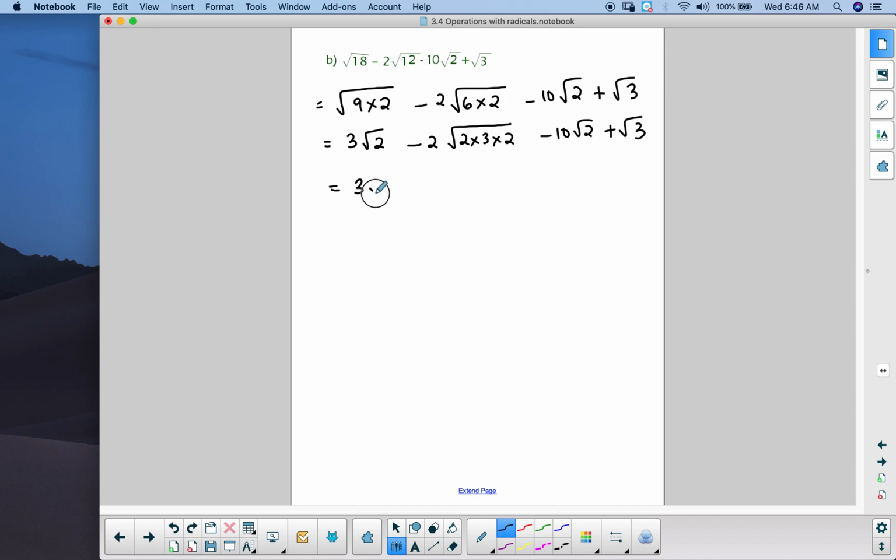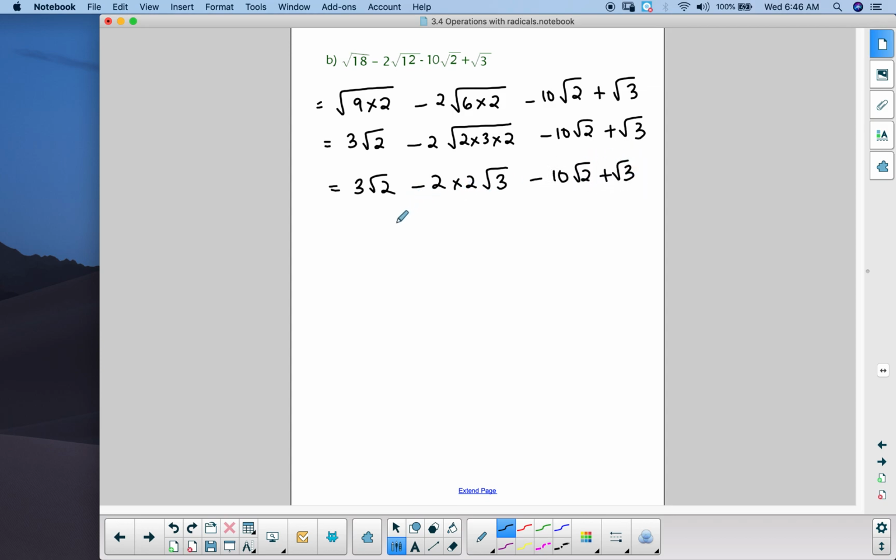So that's 3 root 2, and here I can take out root of 2 times 2, which is 2, root 3, okay? Because that's 2 times 2 is 4, square root of 4 is 2, so I put that outside, and I have root 3, minus 10 root 2 plus root 3.